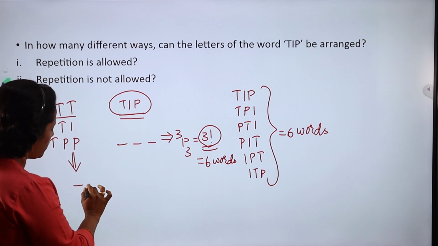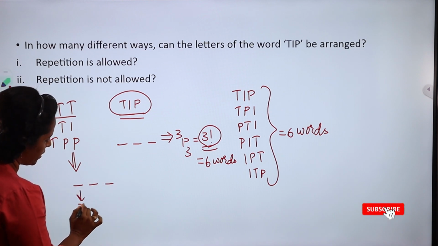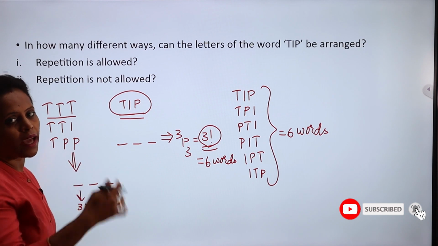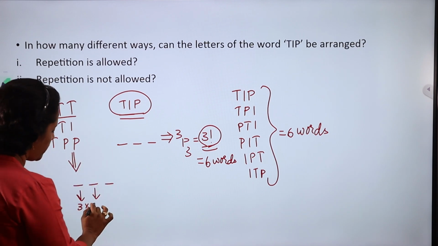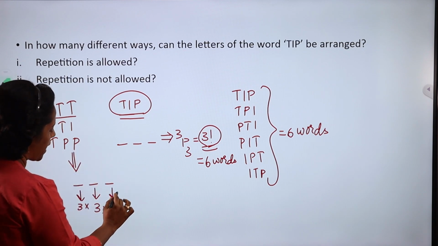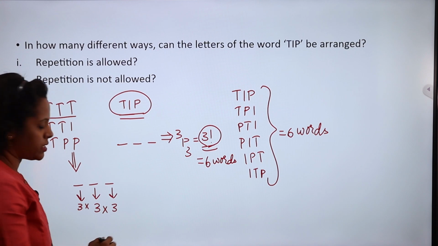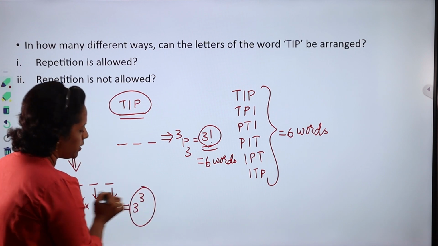To find out, I'll take 3 blanks. The first blank can be filled in 3 ways. It can be T, I or P. And again, the second blank can also be filled in 3 ways because repetition is allowed. The third blank can also be filled in 3 ways. So what will this be? 3 power 3.